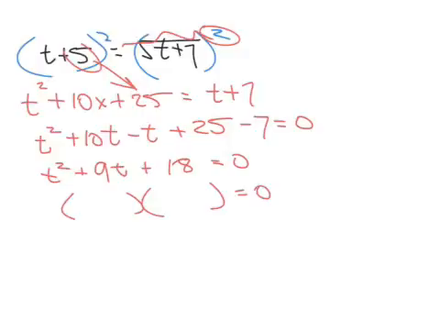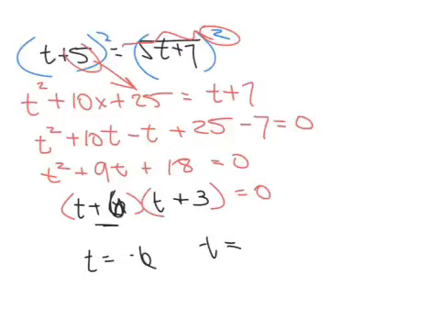Hopefully we can, or we're stuck using the quadratic formula or something like that. Okay. What times what is 18, added together, going to give me 9? And that'll be a, oops, a 6 and a 3. And they're both pluses. So therefore my answer is going to be what makes this 0 and what makes this other one 0. And those are my answers there.